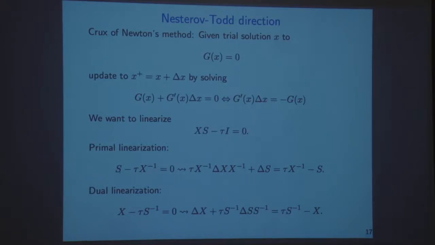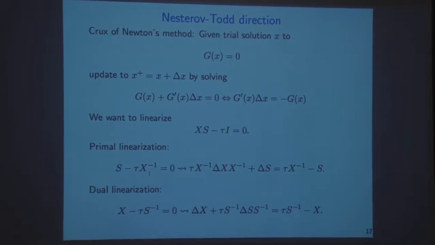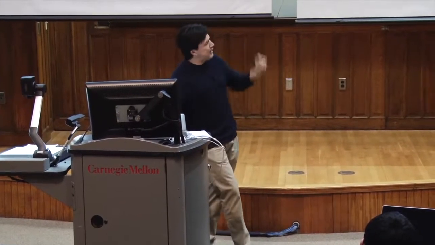the linearization of S is delta S. The linearization of X inverse is a cool calculus exercise. I told you a little bit ago that the gradient of the logarithmic barrier is X inverse. The Hessian is that function.